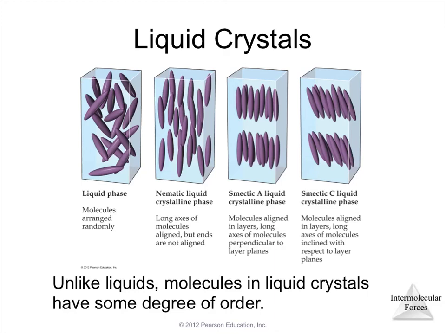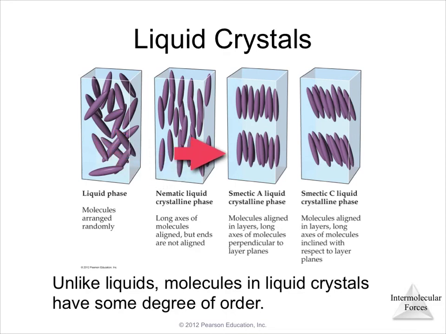So I have all of my molecules aligned in this long way, but their ends aren't really aligned. They're still more random. They're all aligned in the fact that their axis is the same way, but they're shifted, so they're still not perfectly aligned.